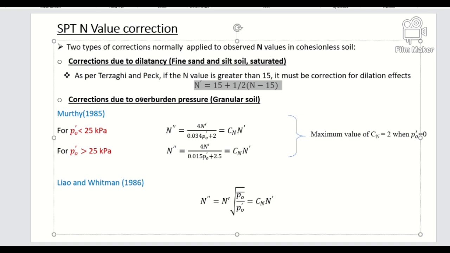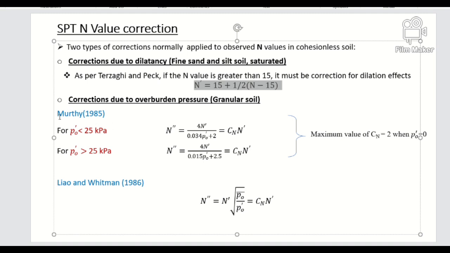And then the overburden correction, for granular soil. If the driving is going up to the required or desired depth, and it is much higher, we have to apply the correction for overburden pressure.